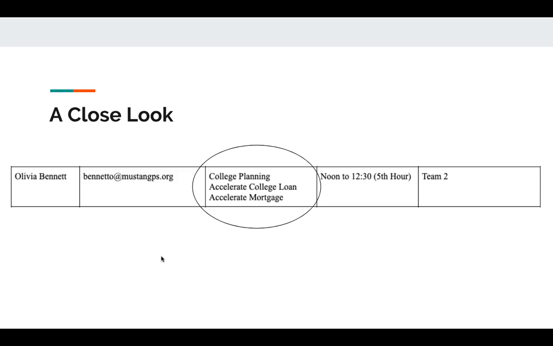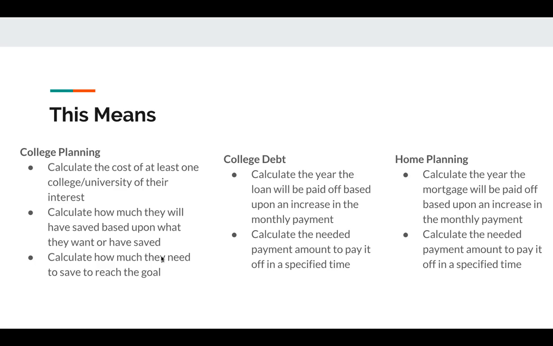Let's say I have Miss Bennett as my family, she's the one family that had a lot of requests. She, as you can see in the center, has three different requests. So the way you break this down is you're going to be looking at all of these calculations that I mentioned earlier: the college planning, the college debt, and home planning based upon what she said she wanted.